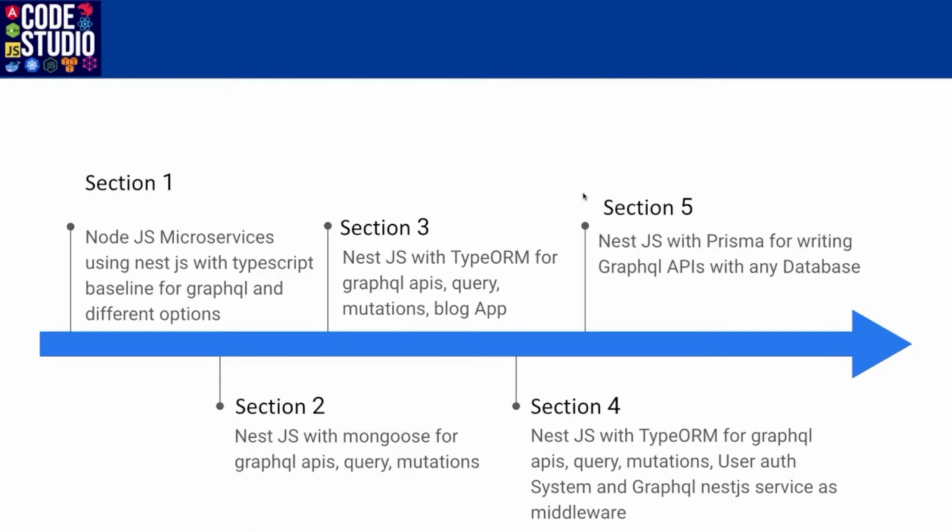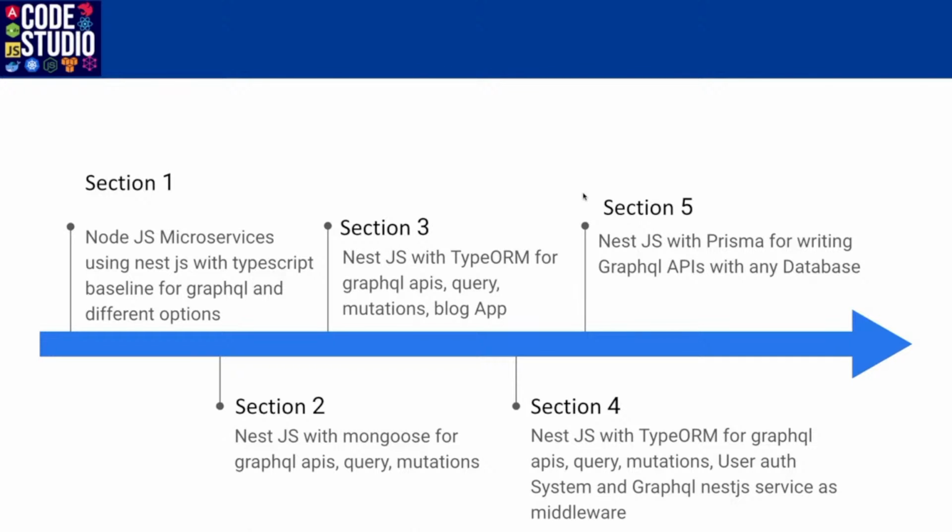Section 2 will be: let's focus on Mongoose and expose some user APIs or blog post APIs. Here we are talking about Mongoose, which is going to talk to the MongoDB database, and we will trigger the query and mutation from the console.